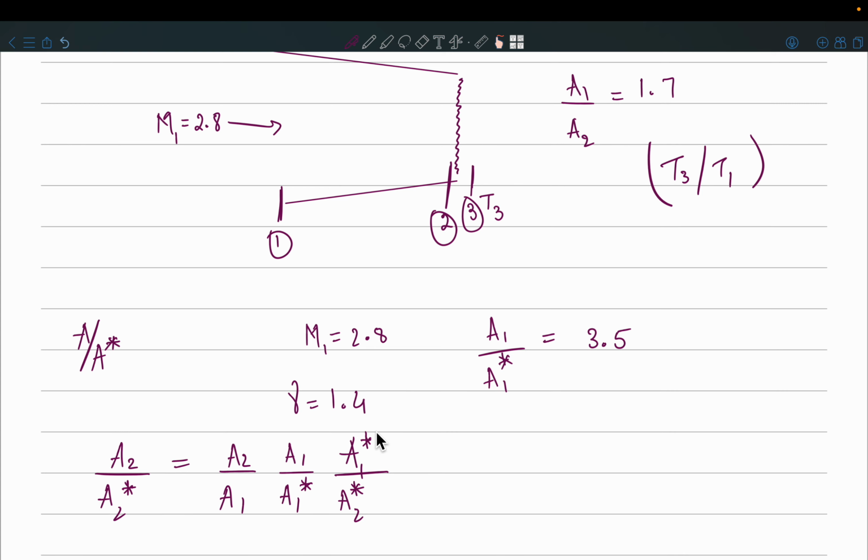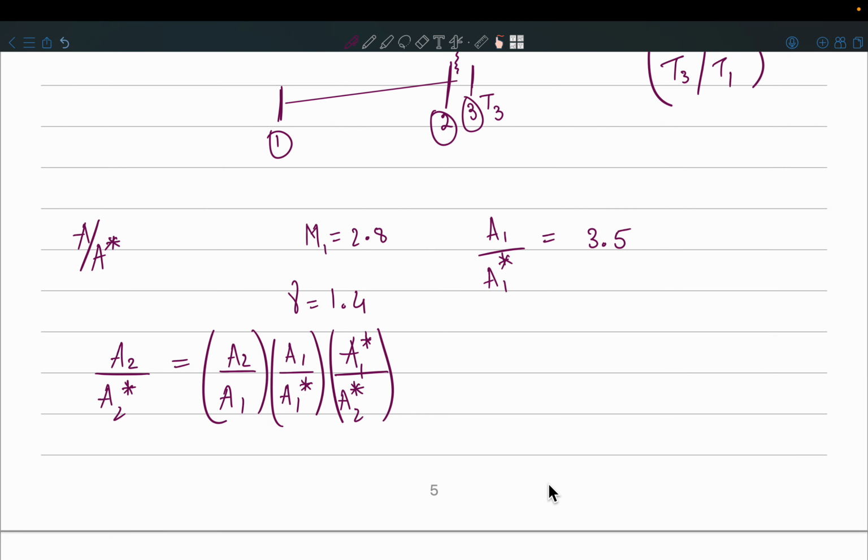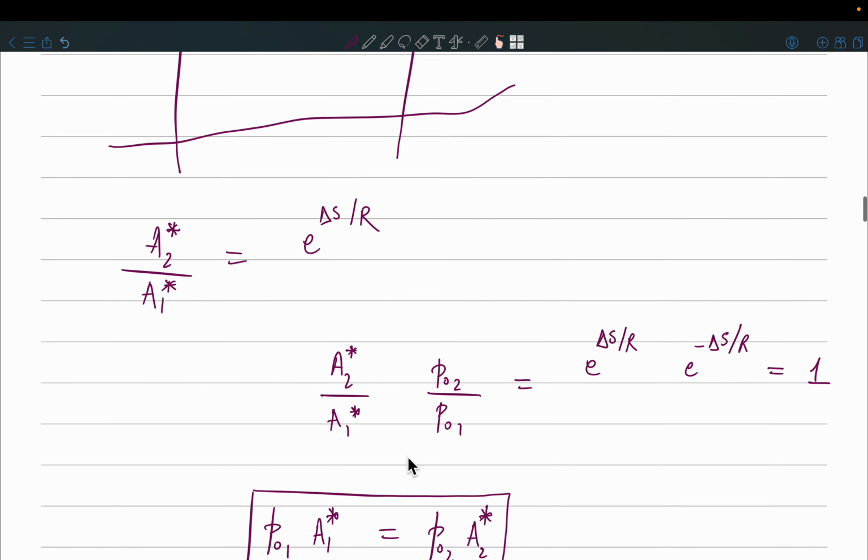Yeah. Okay. Now this ratio we have. Okay, this ratio we found by the area Mach relation. And we also have an equation which gives A1 star by A2 star. Which was what? We just saw it in the starting. So we derived this, right?